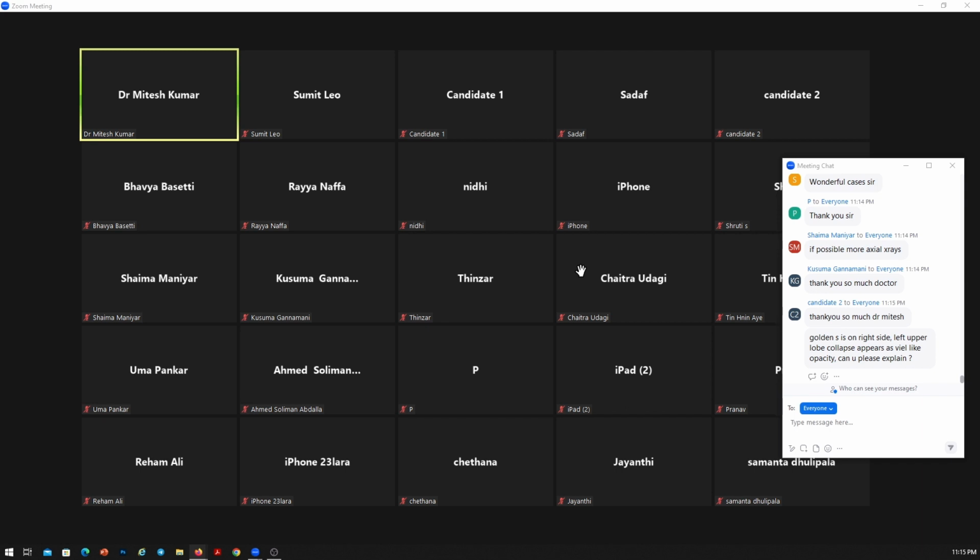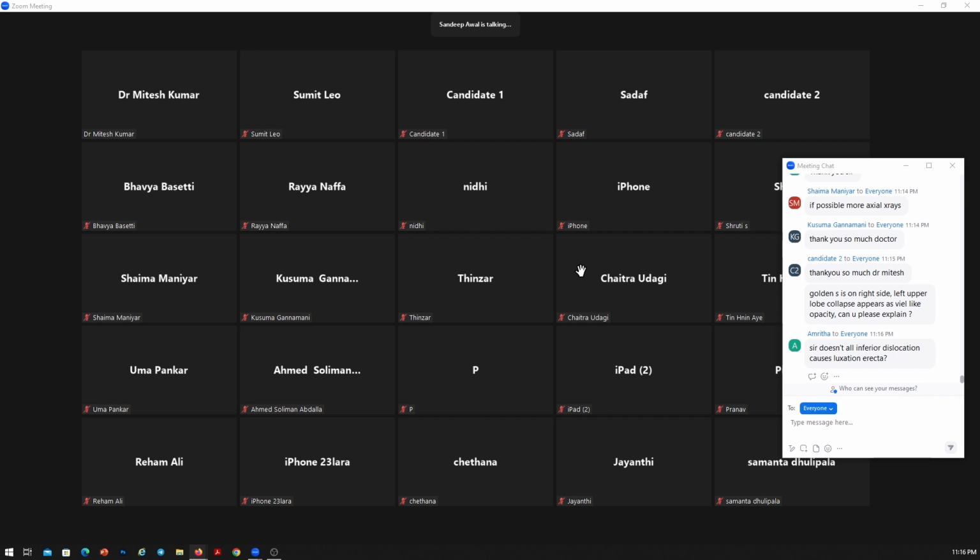I've added at least 10 X-rays in this region. Perfect, Dr. Mitesh. And I'm sure all of our participants agree that your set is a wonderful collection. We hardly get to see such varied types of shoulder X-rays in our institutes. So thank you for showing your collection, Dr. Mitesh.